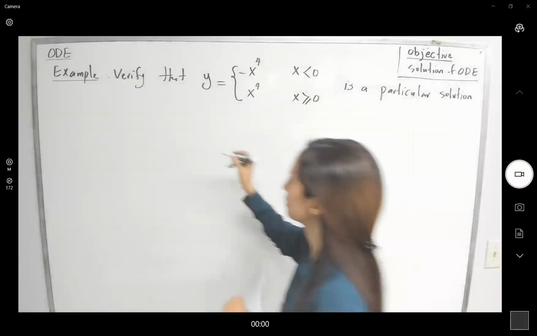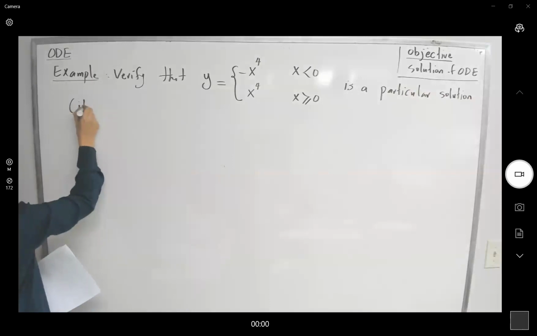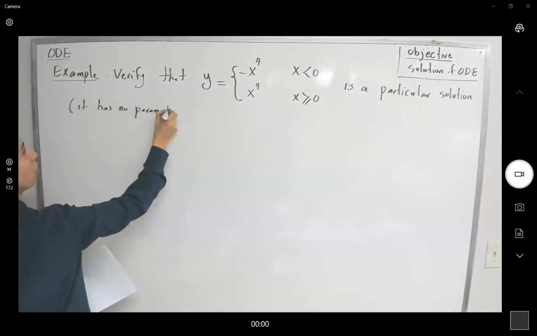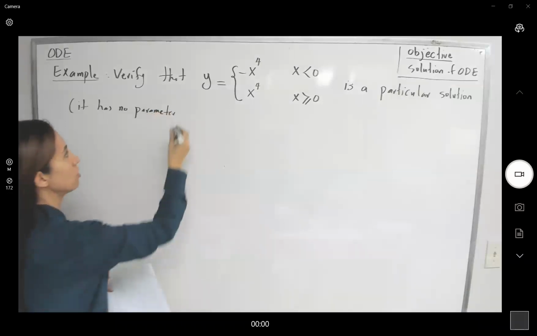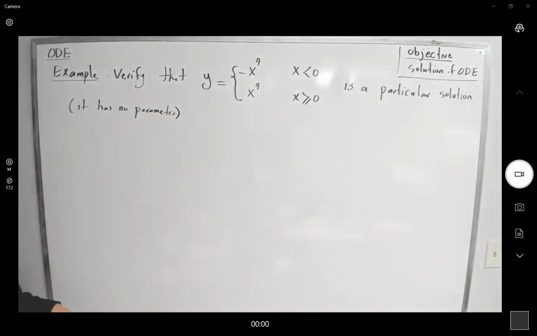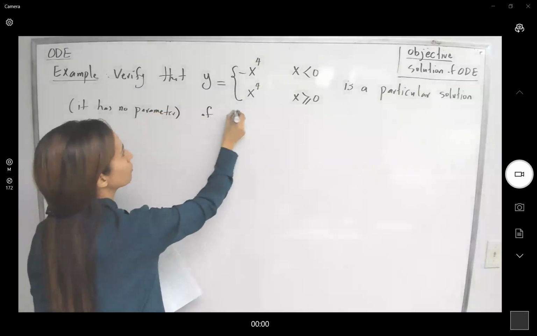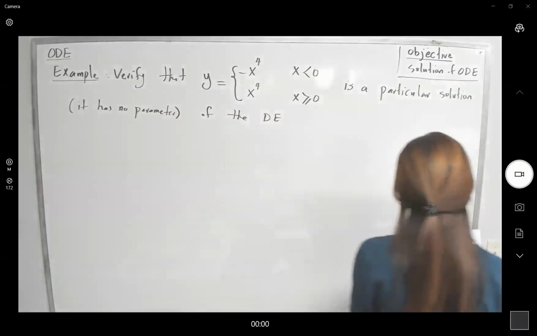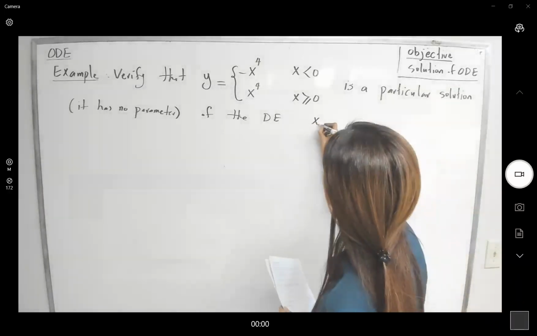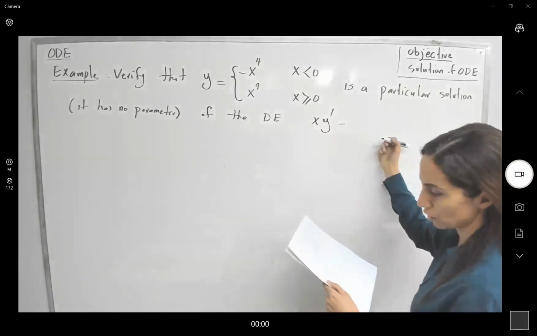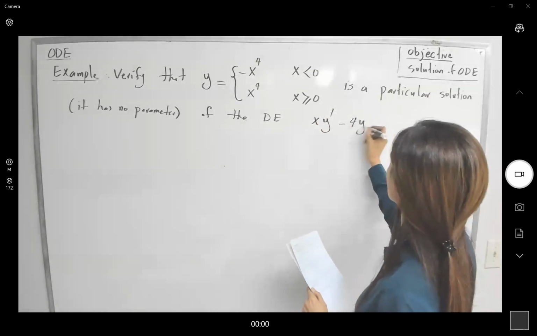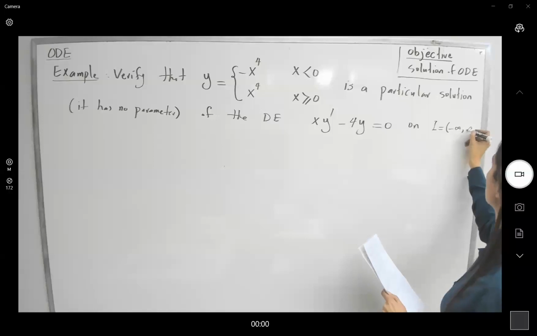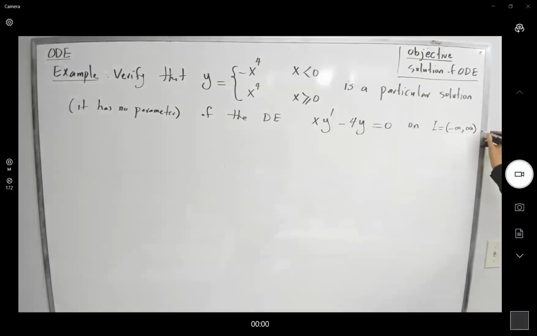What's the meaning of that? It has no parameter, no C1, C2, C3, and so on. It is a particular solution of the differential equation xy prime minus 4y equals 0 on the interval negative infinity to positive infinity.